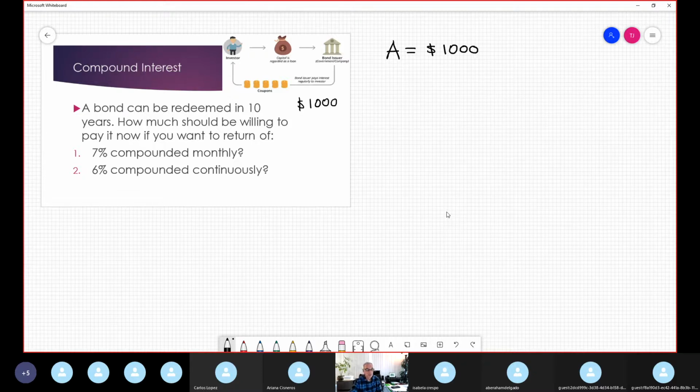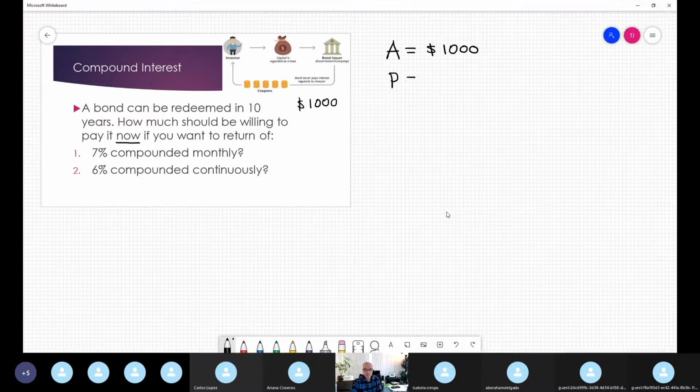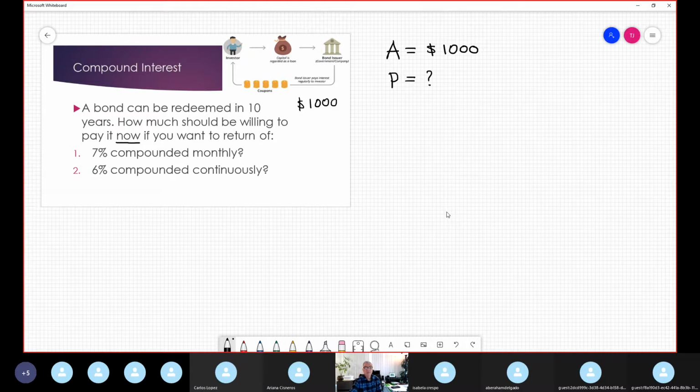Now the question is how much should be willing to pay now. Now we indicate present value, no? Present value is the thing I don't know. Now we have two conditions: interest rate is 0.07, but monthly, n equal 4, this is discrete analysis.